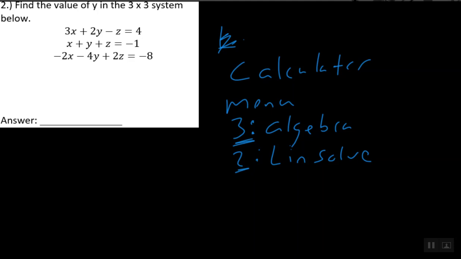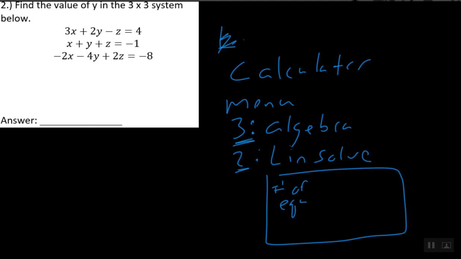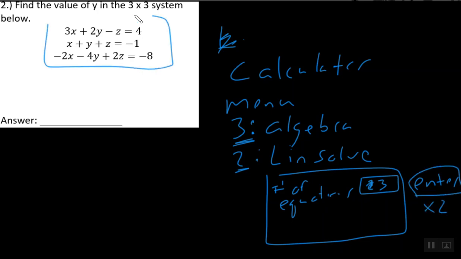Now one note, the next screen that pops up says something like number of equations. It'll always start as a default of 2. Y'all have to delete that, change it to 3, and then click enter twice. And then from there, most of y'all know, you just plug that in. And this is the tricky part.